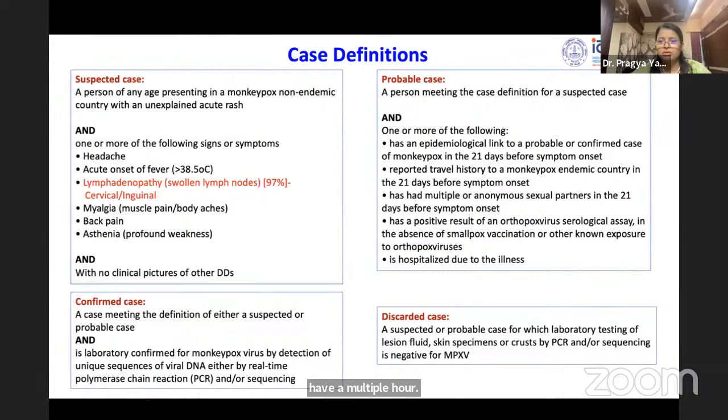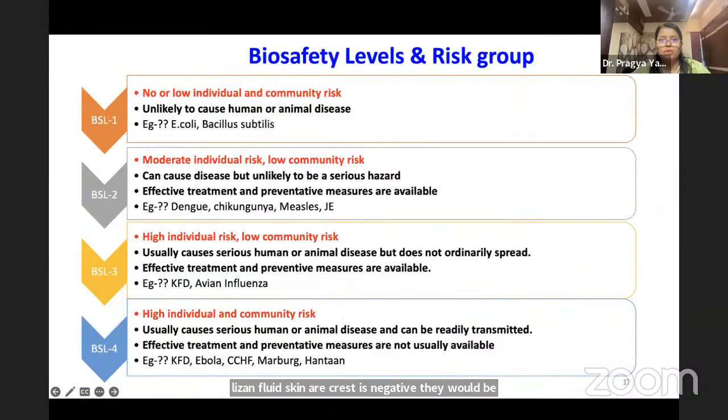They have a positive result of an orthopox serological assay in the absence of a smallpox vaccination, or they are hospitalized due to illness. A suspected or probable case for which laboratory testing of lesion fluid, skin specimen, or crust is negative would be considered negative for monkeypox.